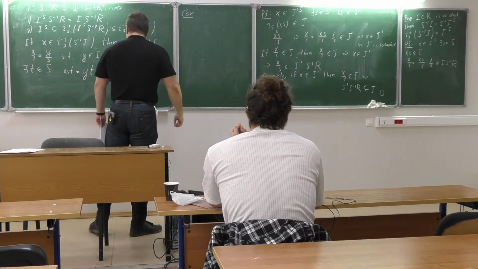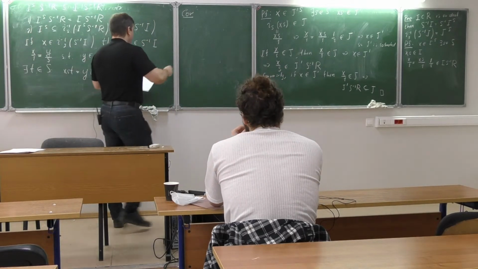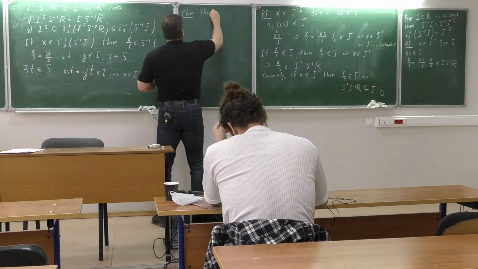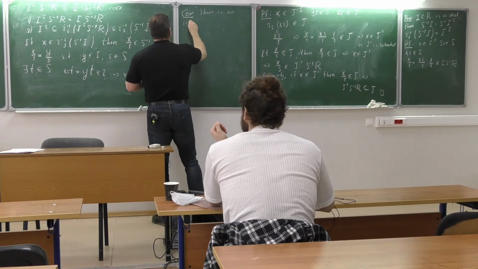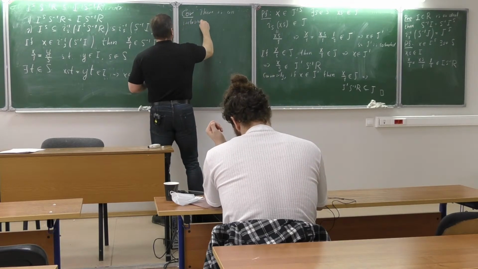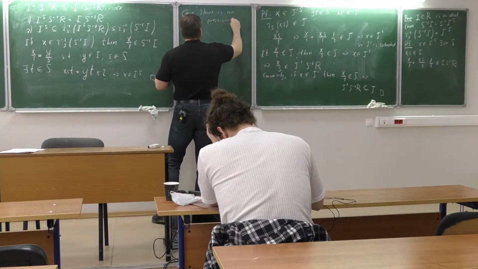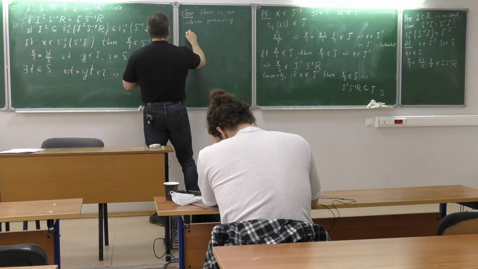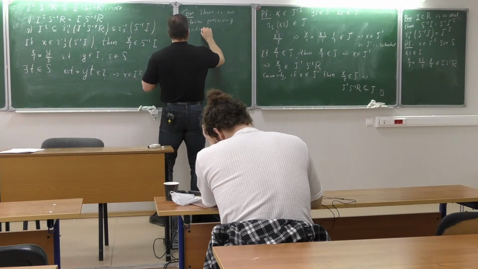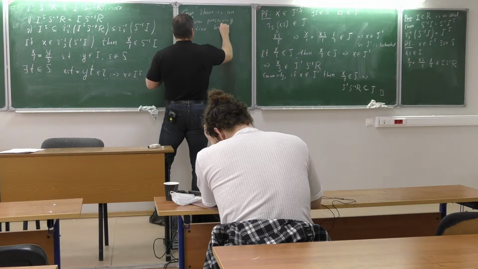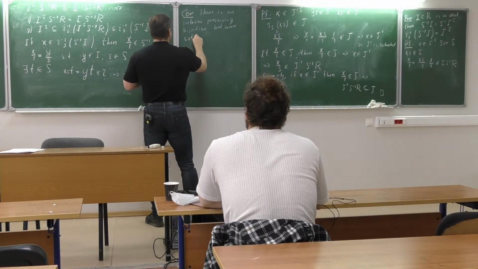So this is the version of the correspondence theorem. This correspondence theorem tells us the following: that there is an inclusion preserving bijection between saturated ideals.